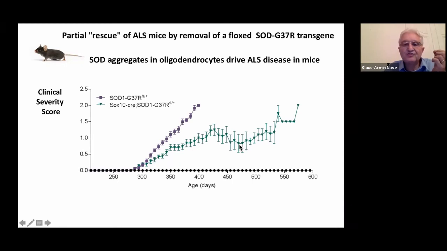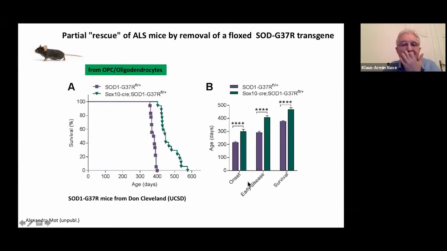I'll also show you, to convince you even more, a survival curve of these mice. You see here these mice have a career in the natural form. Transgenics have a very predictable cause of death at around that age, which we can significantly prolong by taking out the SOD expression from oligodendrocytes and OPCs, I should say, using the SOX10 Cre mouse.